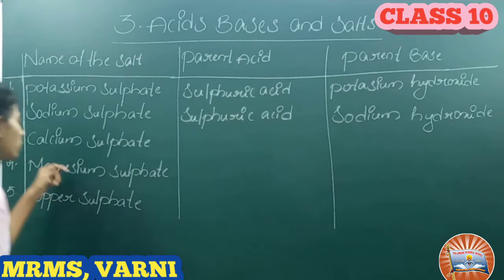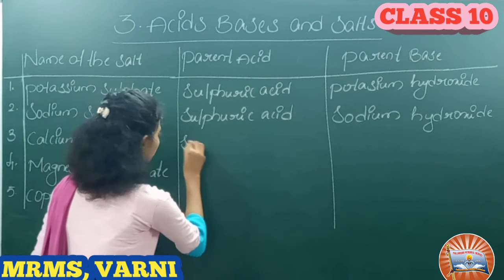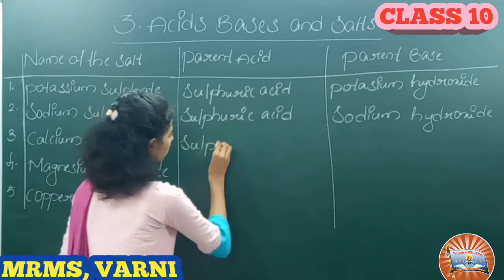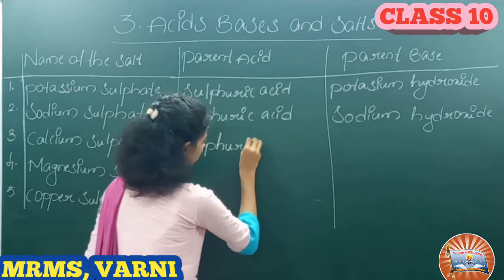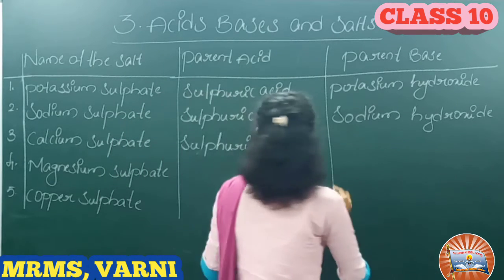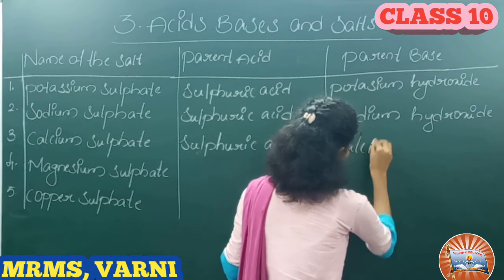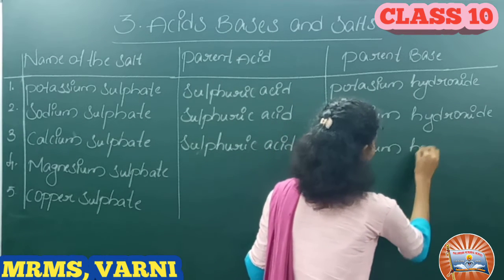And next one, calcium sulfate. To prepare this calcium sulfate, we need to take the acid sulfuric acid and the base is a calcium hydroxide.